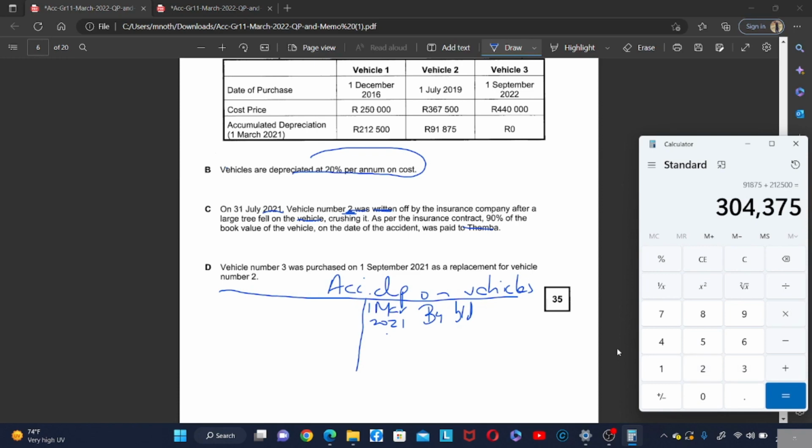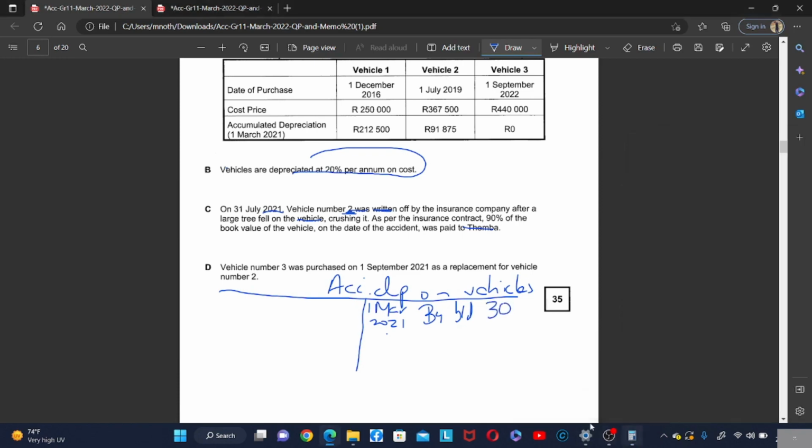So when we started this year, the total accumulated depreciation on vehicles was 304,375. But we know that this includes the accumulated depreciation for vehicle number 1 and vehicle number 2, because vehicle number 3 was bought during the year, so it does not have accumulated depreciation yet.